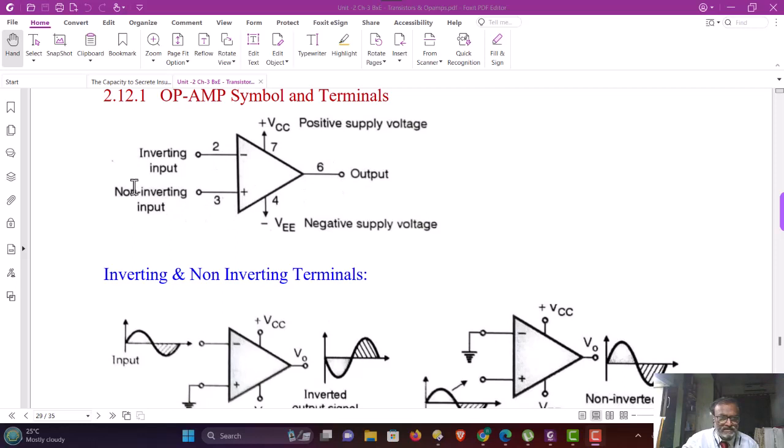The signal is going inside the op-amp from the input and the amplified output is available at the output terminal. Normally, single-ended output is shown here. Always the output is taken at the output terminal with respect to ground or a reference terminal.